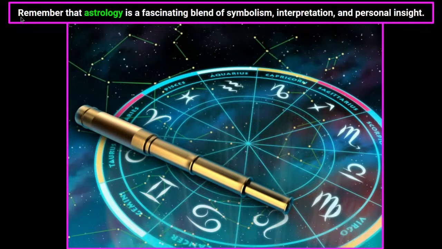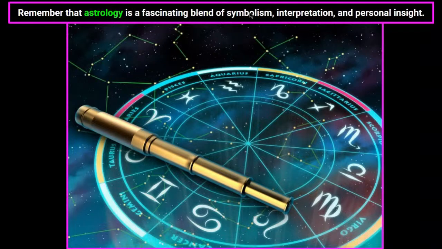The first sentence, and how we're approaching this PowerPoint and this class, is to remember that astrology is a fascinating blend of symbolism, interpretation, and personal insight. Each one of these three elements is an individual experience.